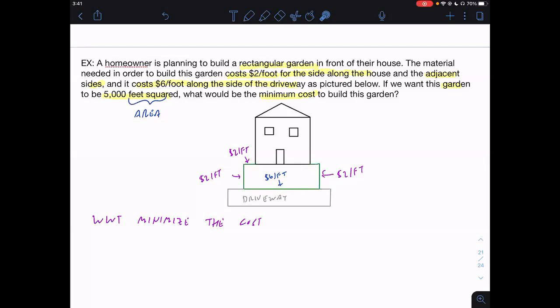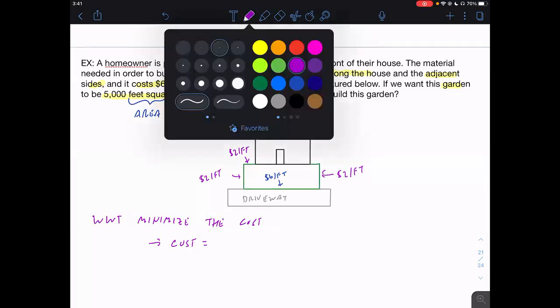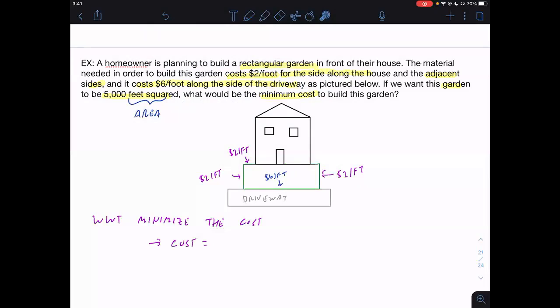Okay, so let's set up our cost function here. Well, what do we need to know? If it's going to cost us $2 per foot here for the left and right, then we need to figure out first how long the left and the right sides are going to be.